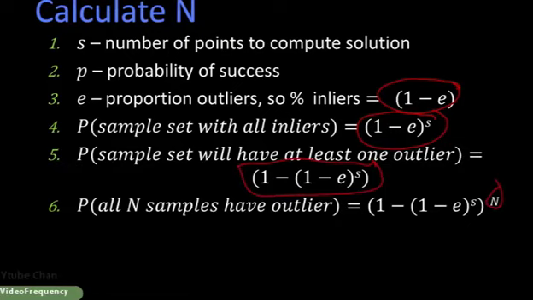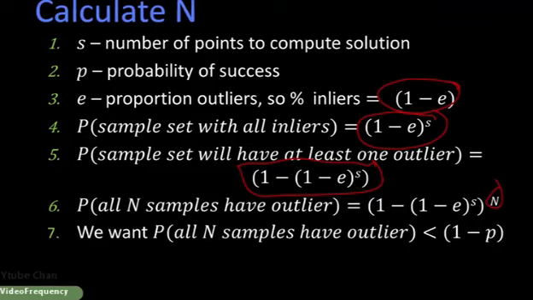Of course, what we want is for that to be unlikely, since it means the samples were all bad. We want that probability to be really small, that is, less than 1 minus the probability of success. So if P here was 99%, 1 minus P would be 1%.